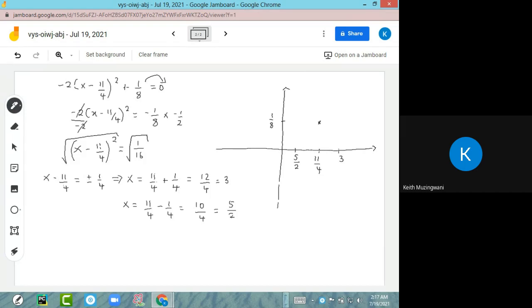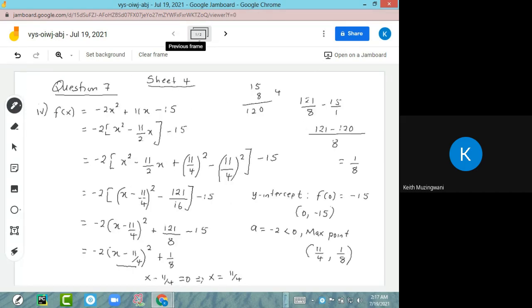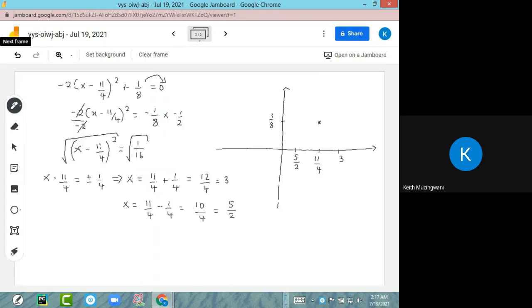And since you are saying it's maximum, what is the y-intercept? 0, negative 15. So it's going to pass through here, and go down like that.